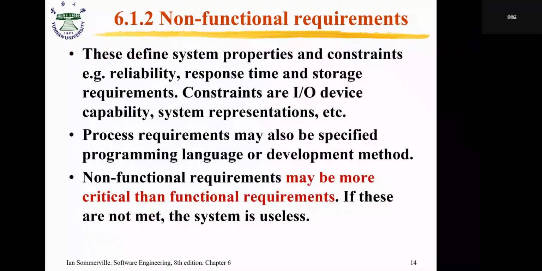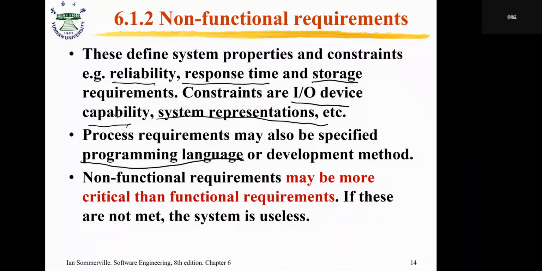And how about the non-functional? In the requirement document, you should give the non-functional requirements. Non-functional requirements define system properties and constraints, like reliability, response time, storage, I/O device capacity, system representation, etc. Process requirements may also specify the programming language.